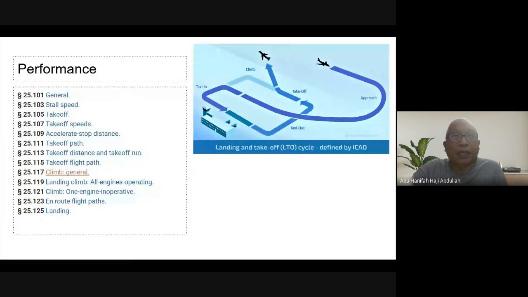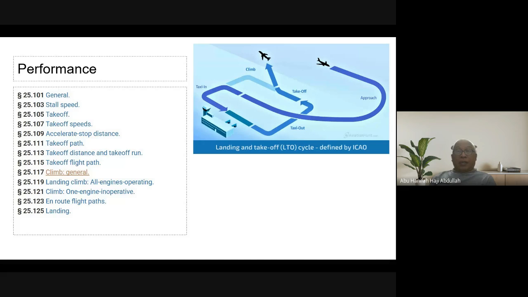Along the way, we call it the takeoff path. Then takeoff distance and takeoff run: how long the aircraft stays on the ground before it rotates and lifts off and clears 50 feet, if I'm not mistaken. Then the takeoff flight path and climb. After you take off, you climb, maybe in stages or a direct climb, so you have to develop the climb rate. Then you cruise and land.